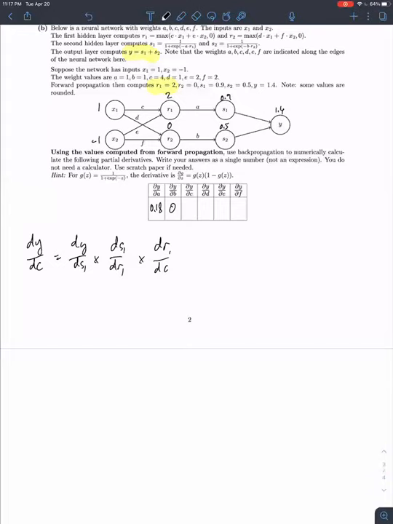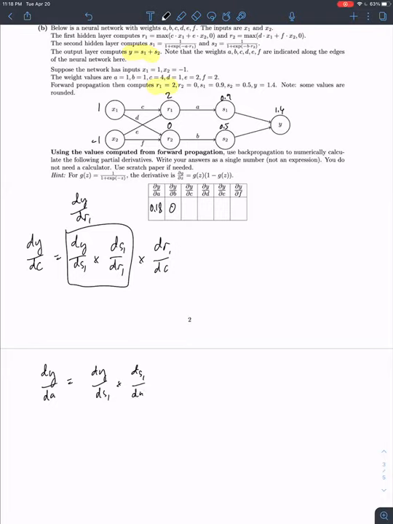Remember, this product is dy dr1. When you're normally computing backpropagation, you want to have these values like dy ds1, dy dr1 handy. So I'm going to go back to computing dy dA, but be more deliberate about remembering the value of dy ds1, and write it down. dy dA was equal to dy ds1 times ds1 dA.